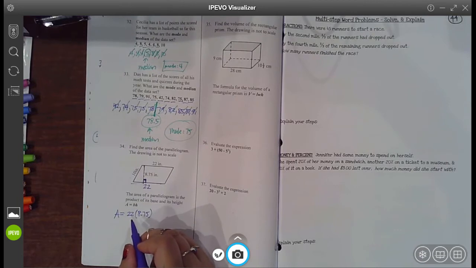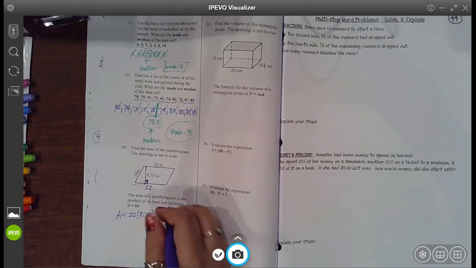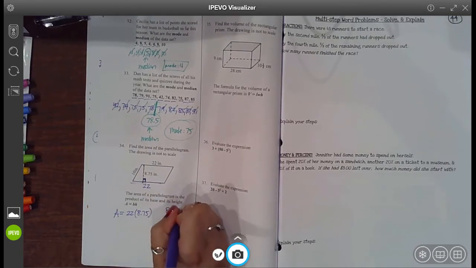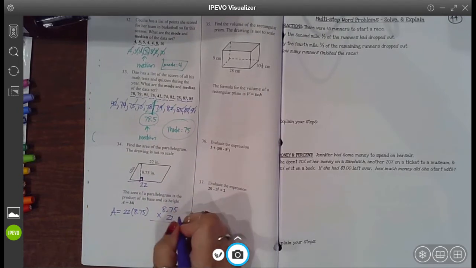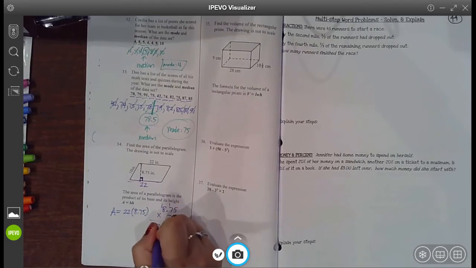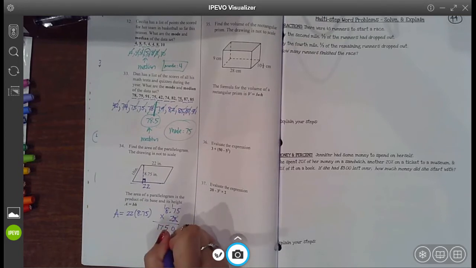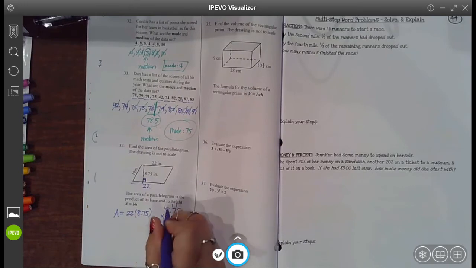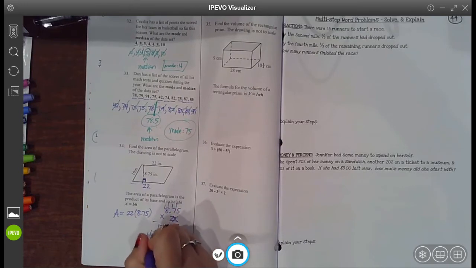Okay, if you were to multiply 22 times 8.75, hopefully you just plug it into your calculator, but if it's a non-calculator, we'd multiply it out. The 2 is all used up, so put a 0 placeholder.